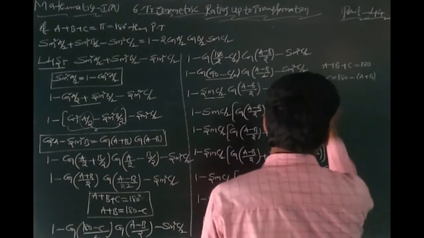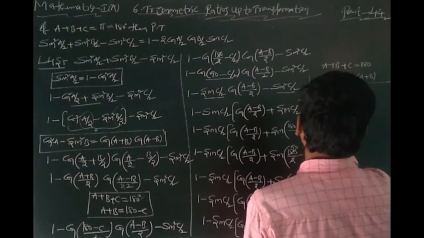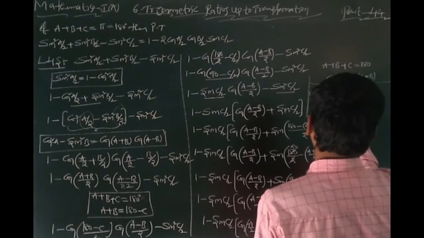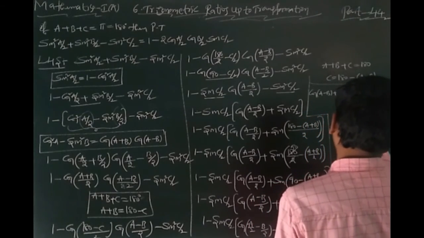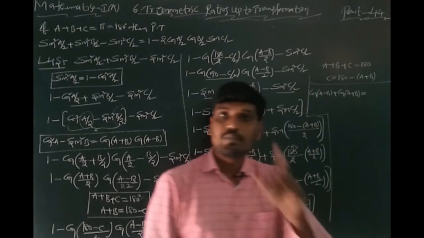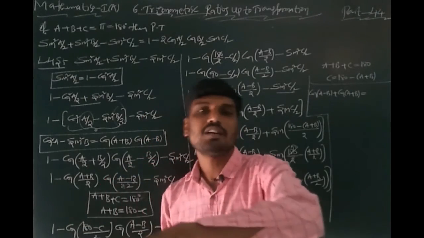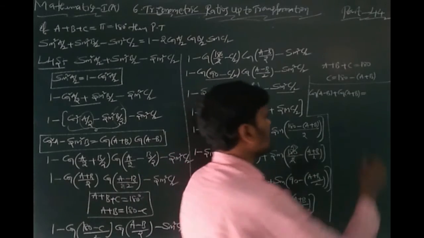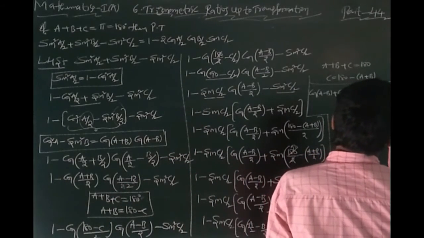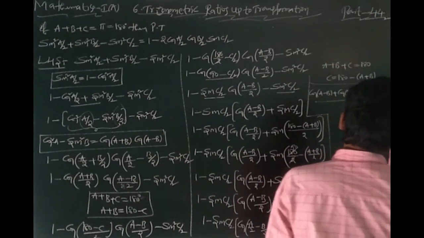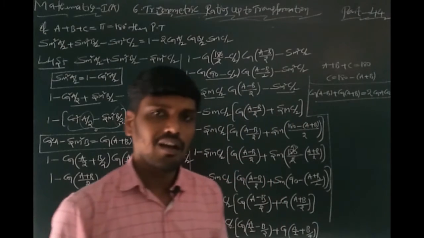What is that formula? Cos of (a minus b) plus cos of (a plus b) is equal to 2 cos a cos b.